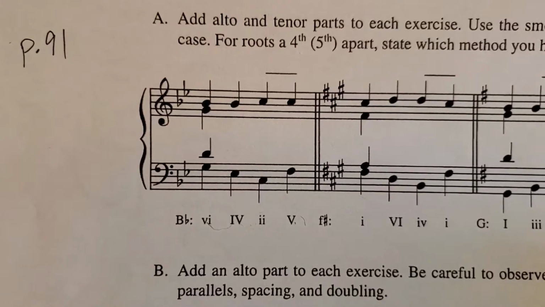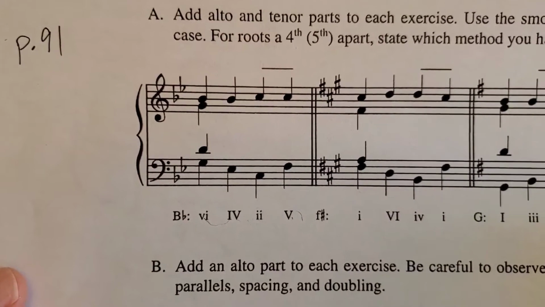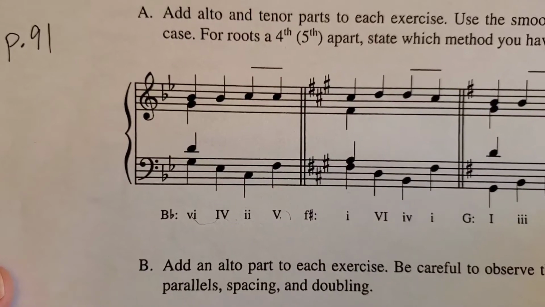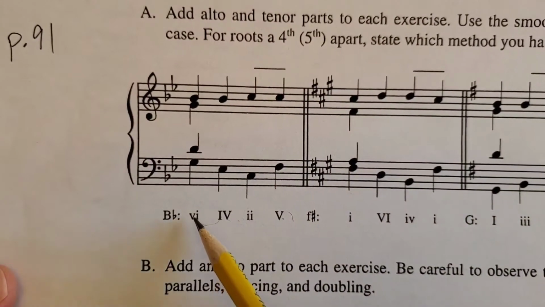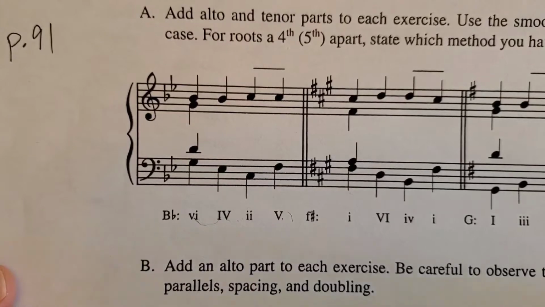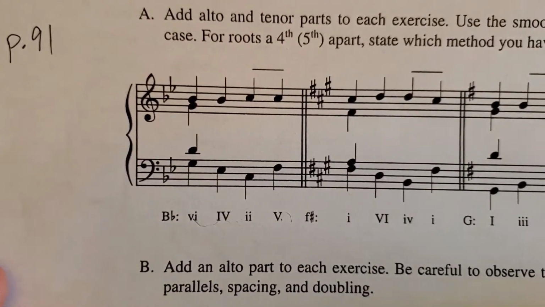So up a fourth or down a fifth, most common. Second most common, down a third. And third most common, up a second. So these exercises on page 91 are going to combine chord progressions down a third with those from the last video, which were chord progressions by a fourth or a fifth.